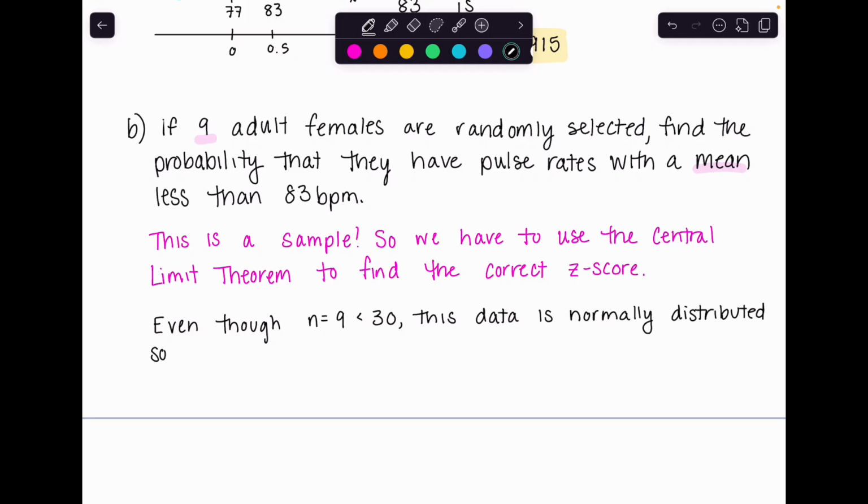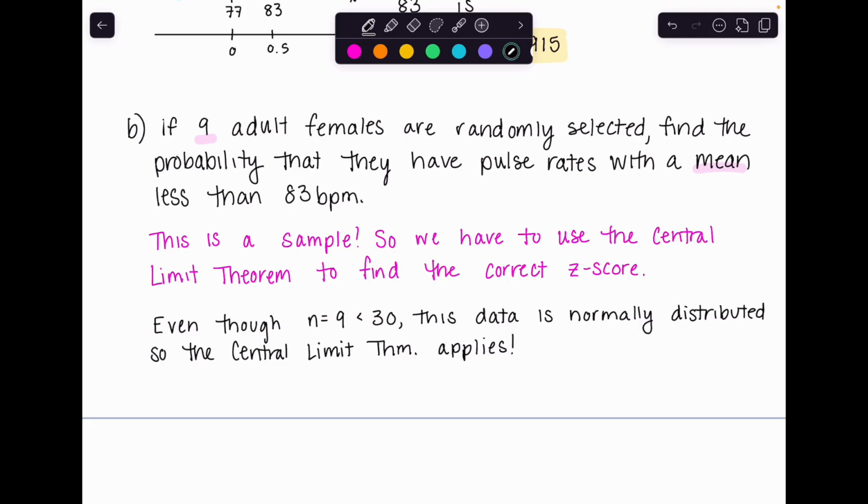So the central limit theorem applies. If you are using named theorems, you have to verify that you actually can.